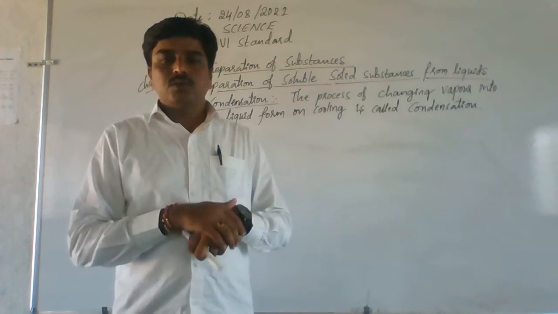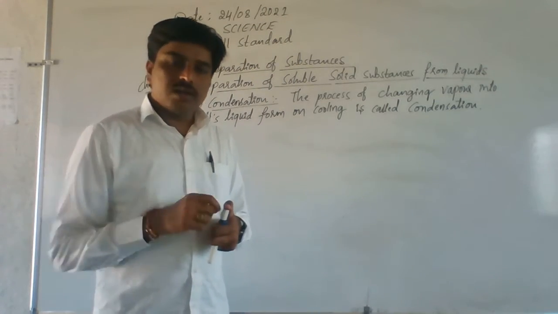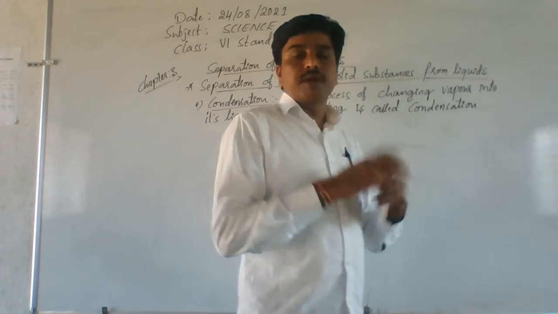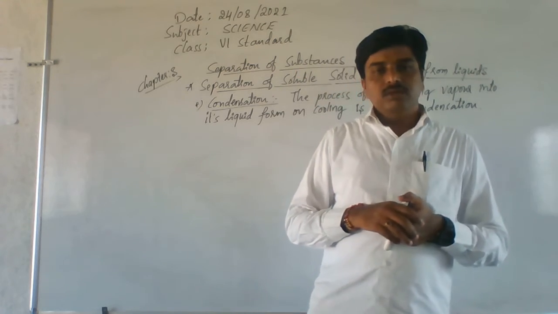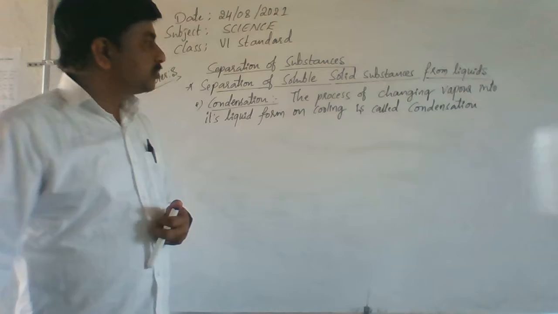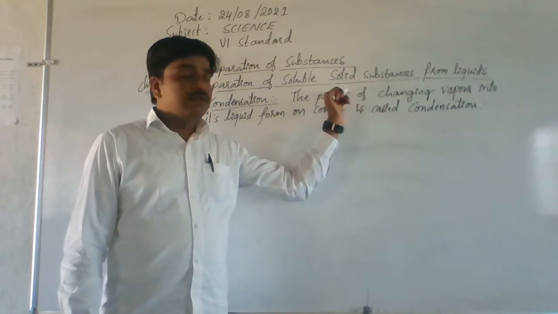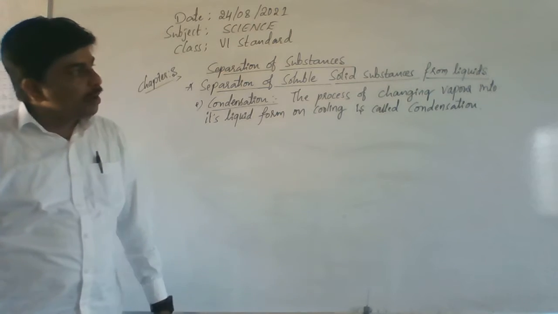Common salt, crystalline salt, sodium chloride. That salt is commonly obtained from sea water by the process of evaporation in a large quantity. Okay.